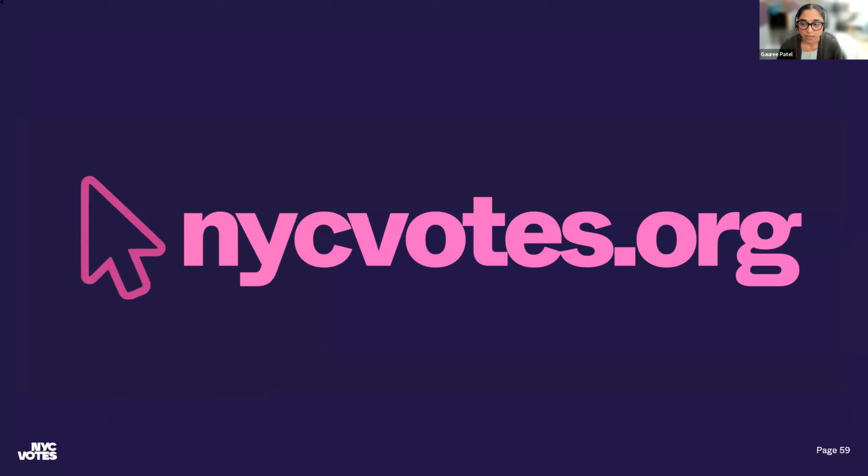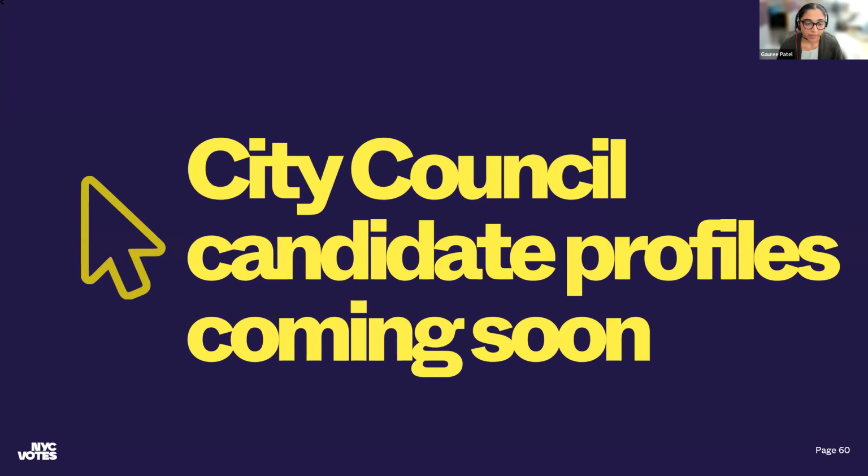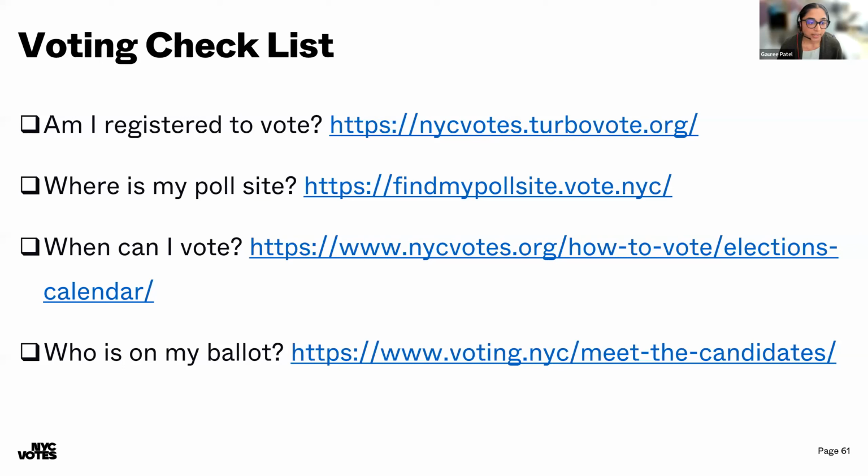There's also going to be a candidate comparison tool where we can look up the different candidates running in our districts and compare and contrast based on what issues they find most important. All of the information that I shared today is also on this website, and it is accessible by screen reader. And again, the online version of the voter guide will be available soon.